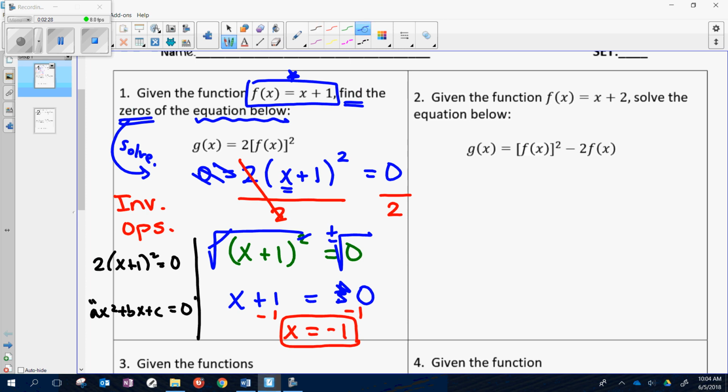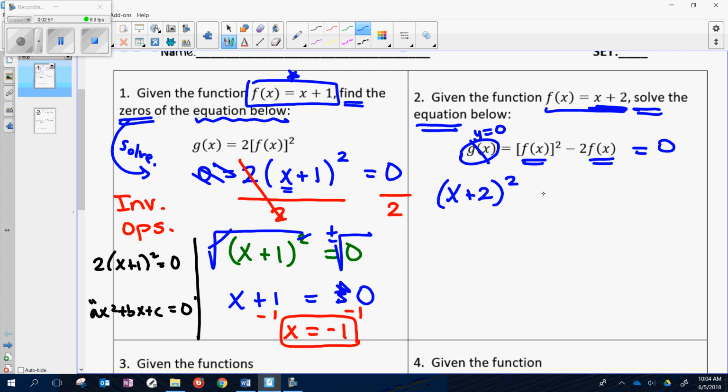Question 2. Given the function, solve this equation. If I'm going to solve this equation, I'm going to replace f of x with what they gave me, and I'm going to set y equal to 0. So I will have this: the function x plus 2 squared minus 2 times the function x plus 2 equals 0.